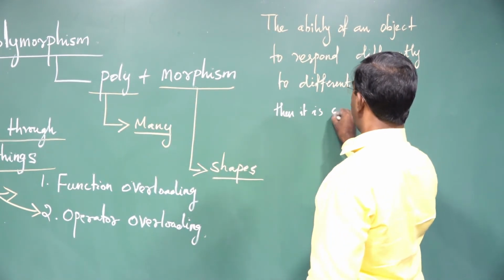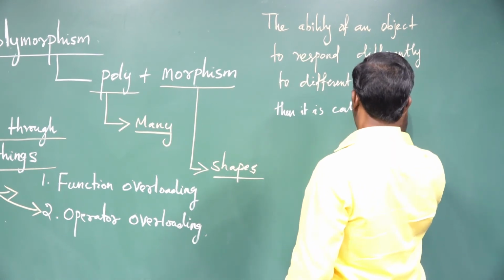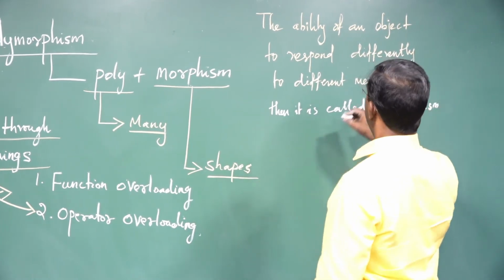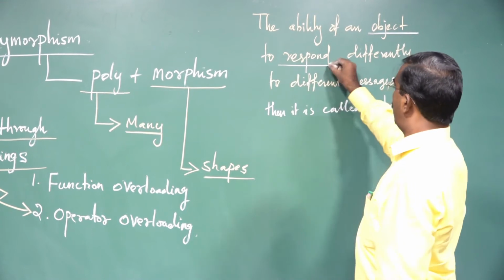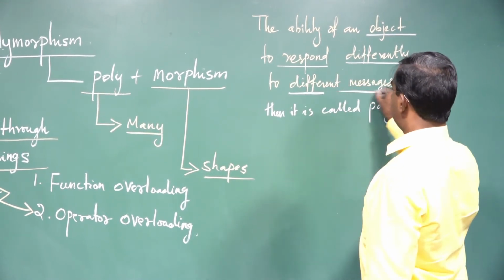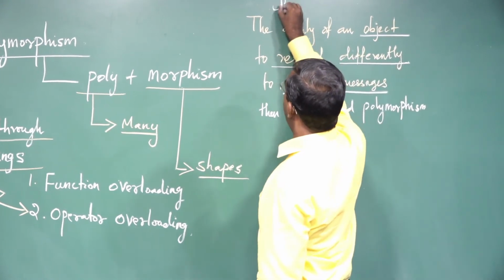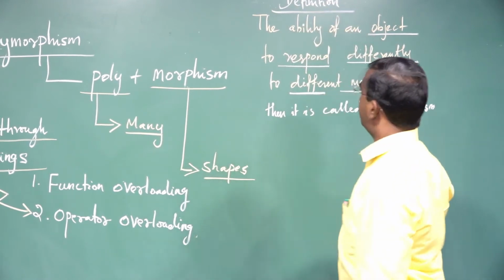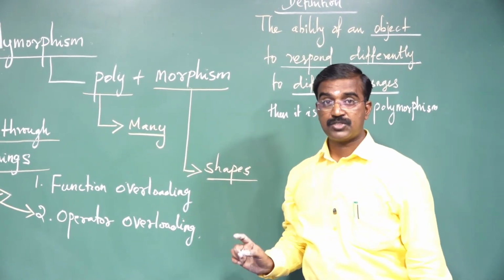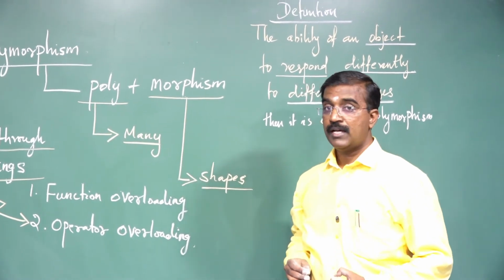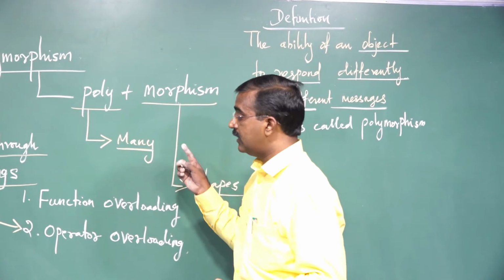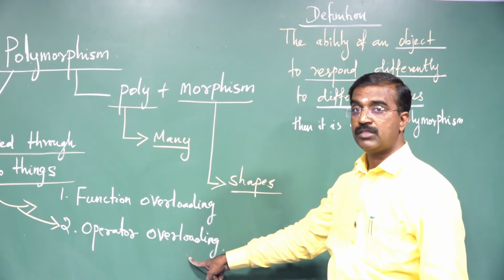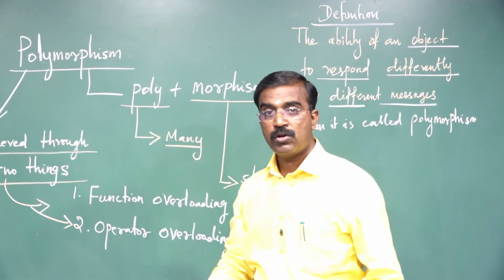It is the definition of polymorphism. This question is also very important, sometimes 2 marks and sometimes 3 marks also. Polymorphism is achieved through two things, function overloading and operator overloading. We will see the definition and the related program.